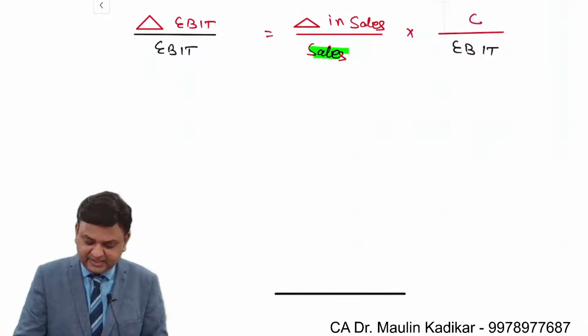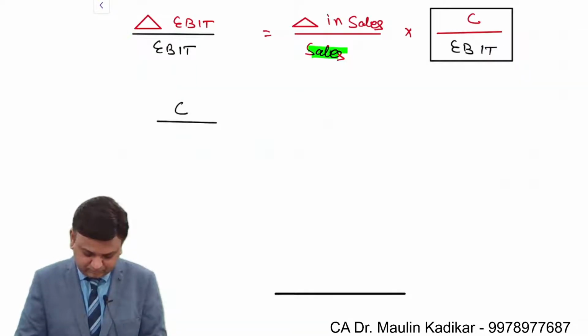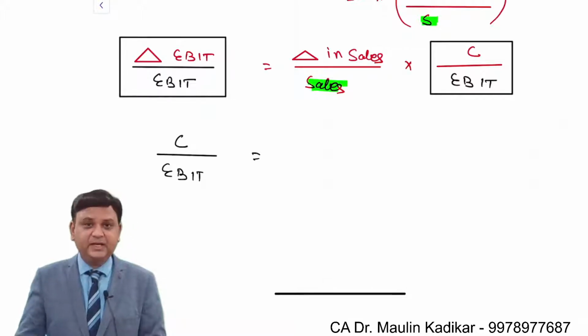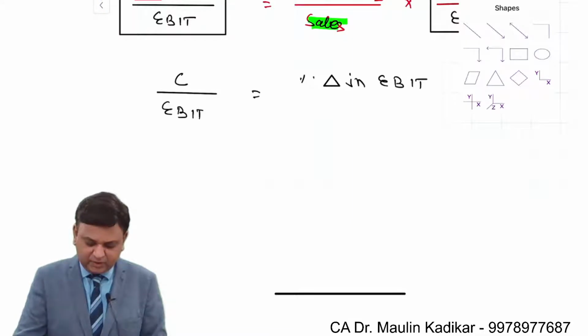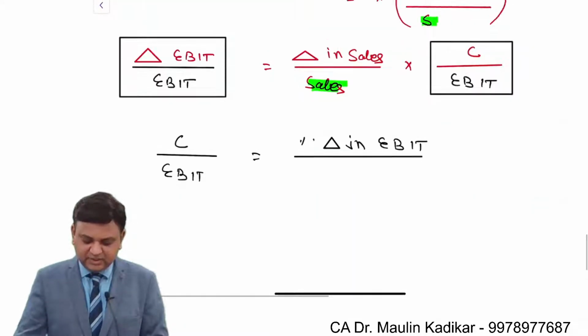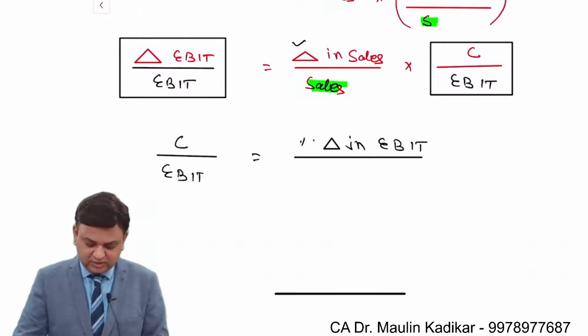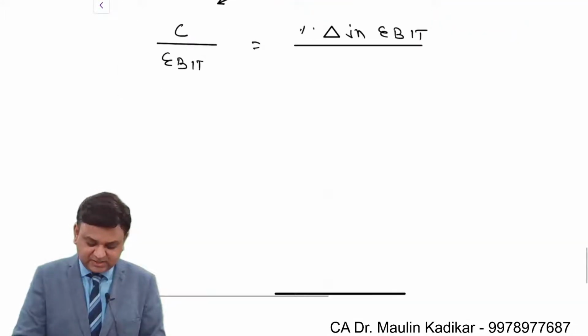This value I am keeping as it is: contribution upon EBIT is equal to, I am solving this value, change in EBIT upon EBIT. So can we say it is the percentage change in EBIT? So it is the percentage change in EBIT upon, this value will go to the opposite side in the division, change in sales upon sales, that will give the percentage change in sales.